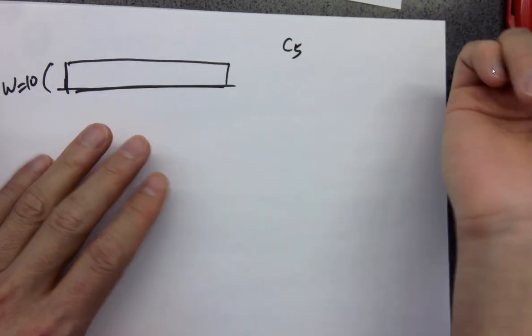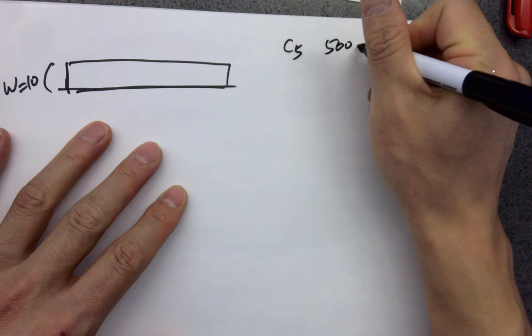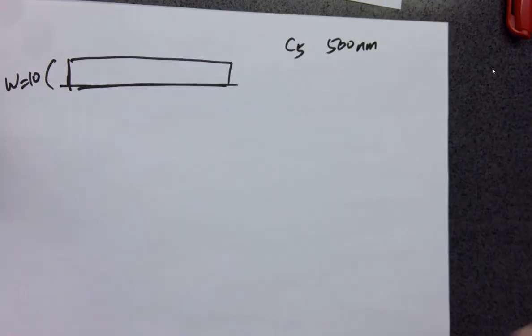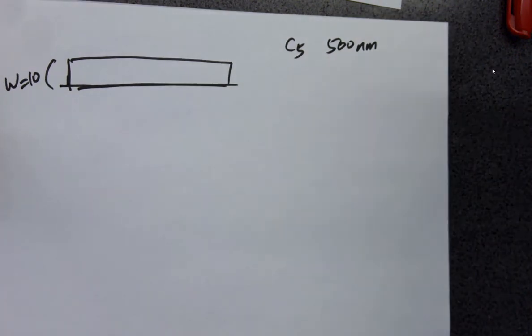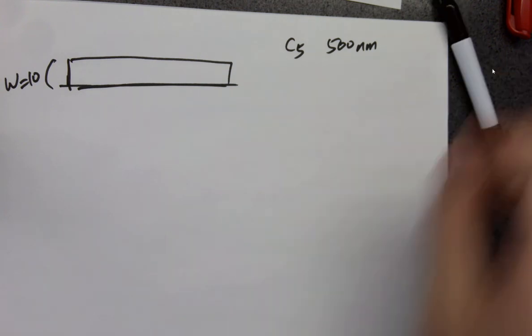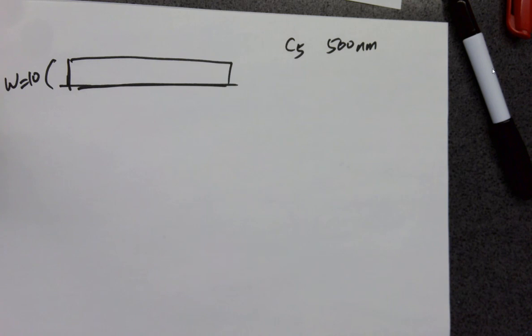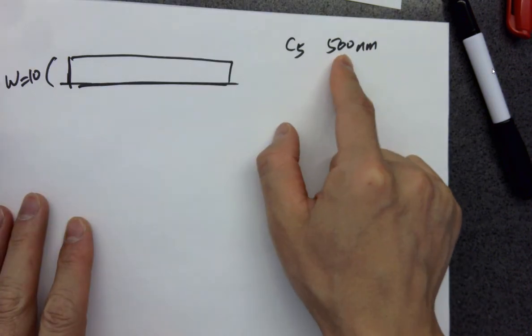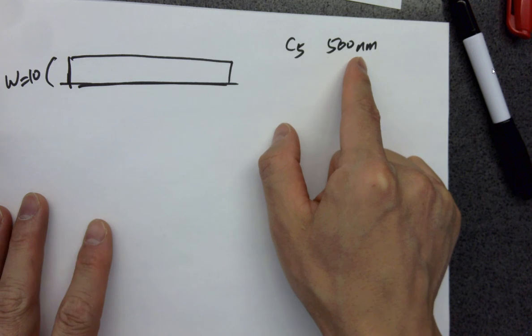It's just the name of the technology, and that's a 500 nanometer technology. It's about 45 years old technology. 500 nanometer means the minimum length you can fabricate on the wafer is going to be 500 nanometers, like half a micron for one transistor's length. That's awful. So 500 nanometers is the minimum length you can fabricate.